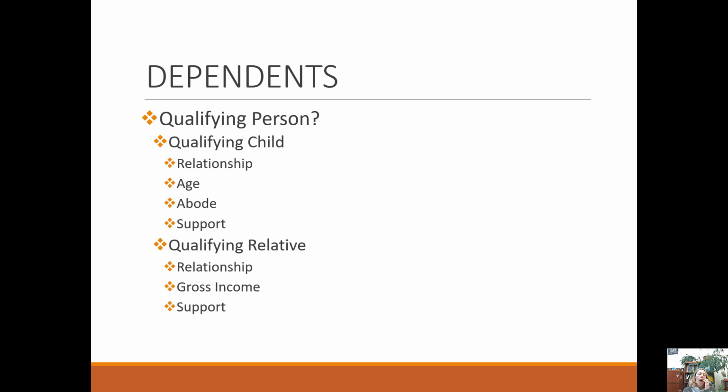So we first have to qualify the people to be considered as dependents, and then if they meet those general qualifications, then we can say, all right, are they a qualifying child? If they fail one of those tests, then are they a qualifying relative? If they fail one of those tests, then they're not dependents, and they can't be put on that person's tax return. So that's the first one we're going to look at.